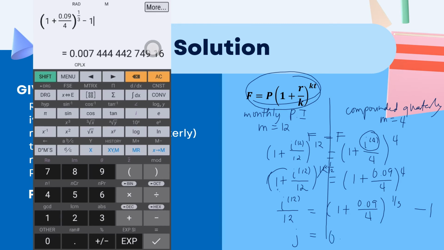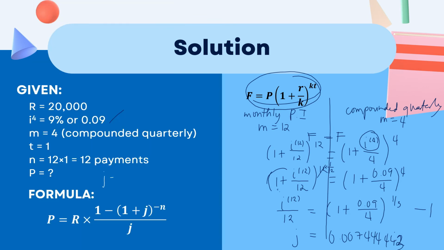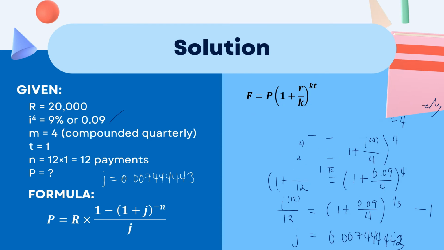So, yung equivalent rate na po natin is 0.007444443. Sige, sulat po natin siya dito. Yan na po yung gagamitin natin sa ating formula. Erase na po muna natin to.